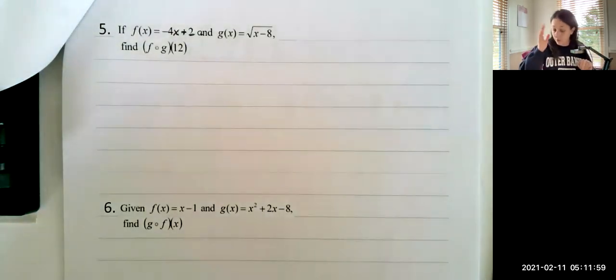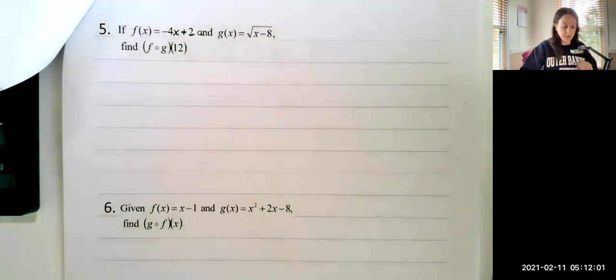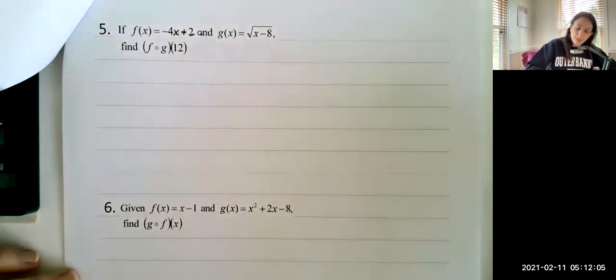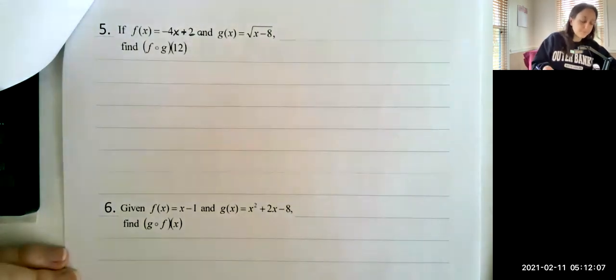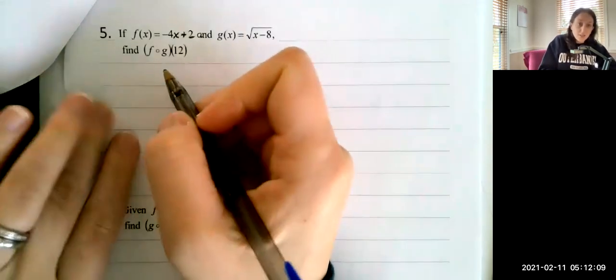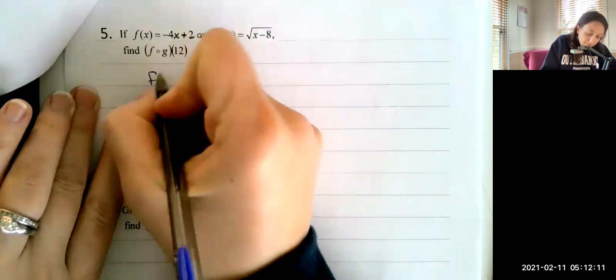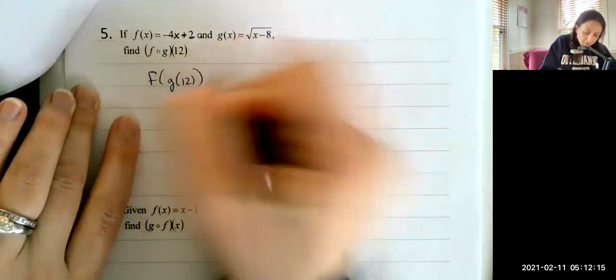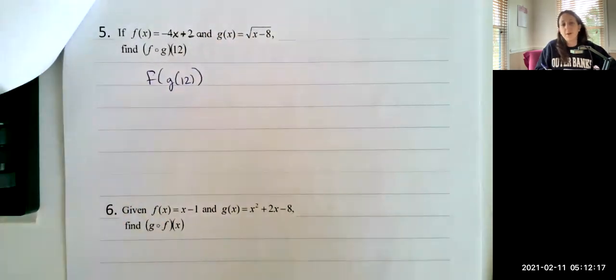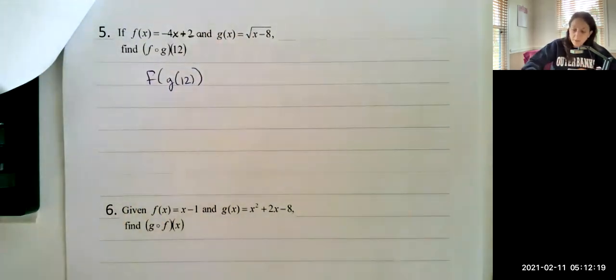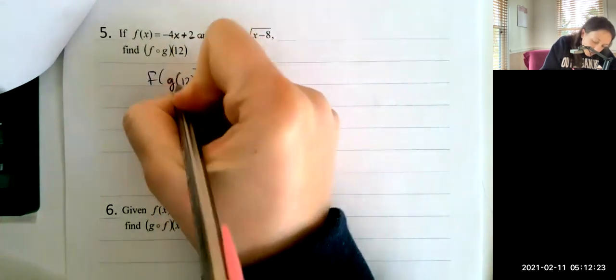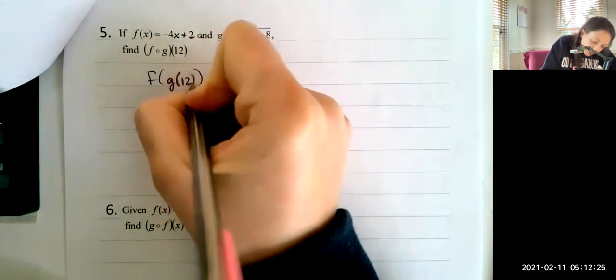If you need to pause and record, go ahead and pause and write this down. But I'm going to go ahead and start with blue. And I'm going to rewrite this because this is f of g of 12. All right, f of g of 12. So I'm literally going to go in and start with the inside g of 12 piece.